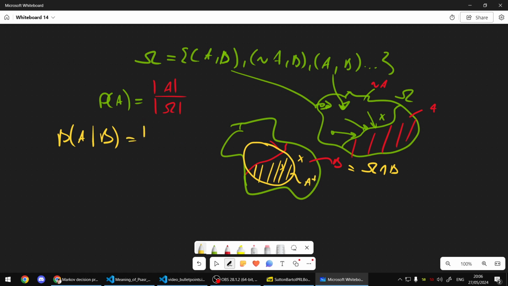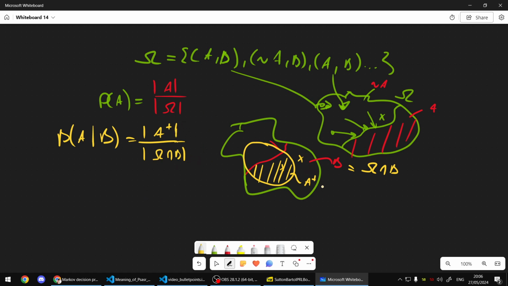So naturally it will be the same definition of A plus on our isolated, basically, region of B.